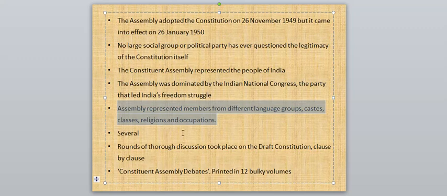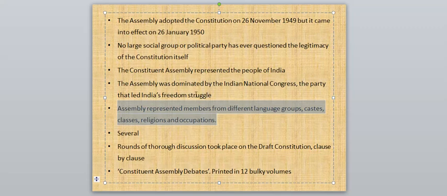So, yes, there was no universal franchise during that time, but it was elected mainly by the members of existing provincial legislatures, and this ensured a fair geographical share of members from all the regions of the country.